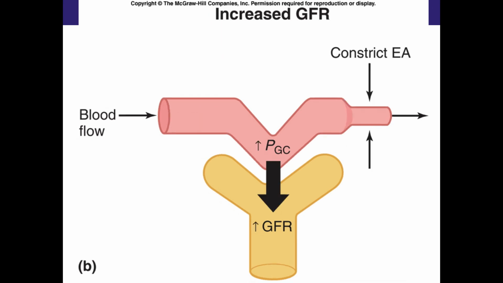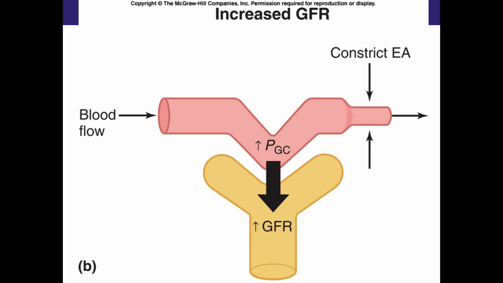Now, the opposite is true if you constrict the efferent arteriole on the back end. If you constrict the efferent arteriole, upstream the pressure is going to rise. You're going to increase hydrostatic pressure in the glomerular capillary. That is going to increase flow or glomerular filtration rate.